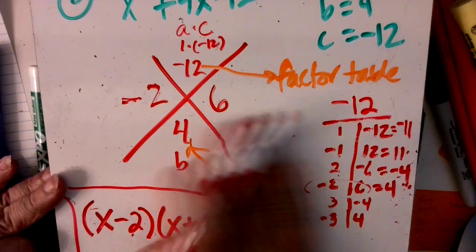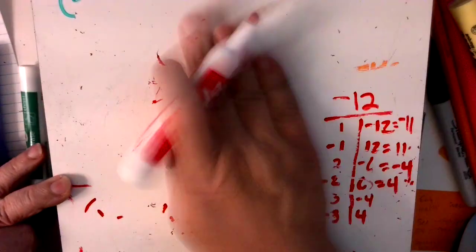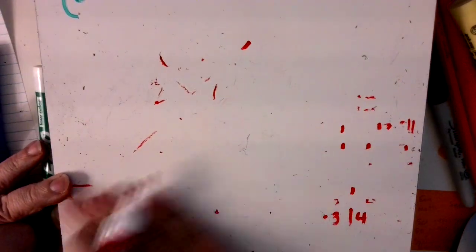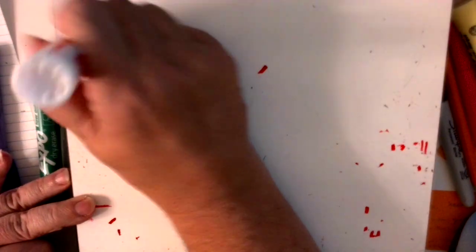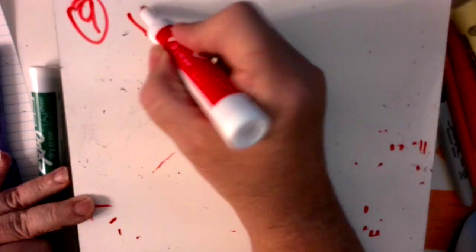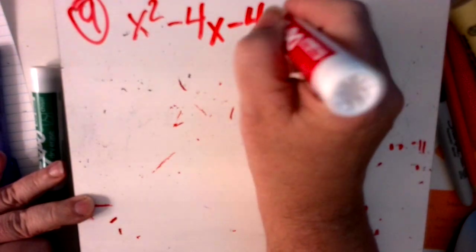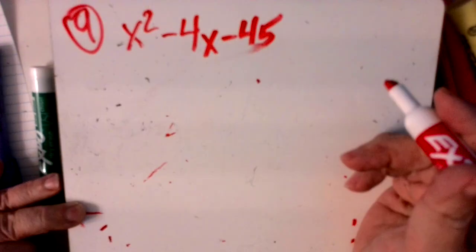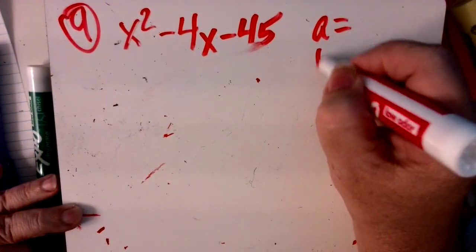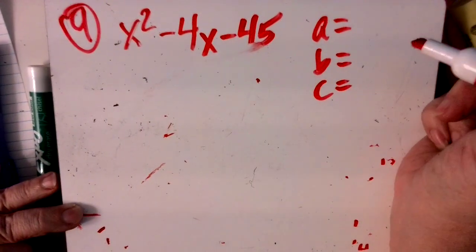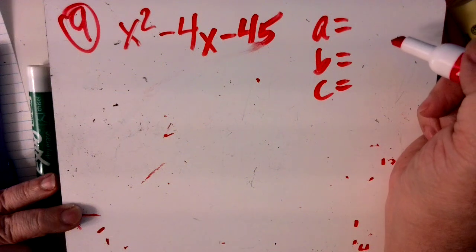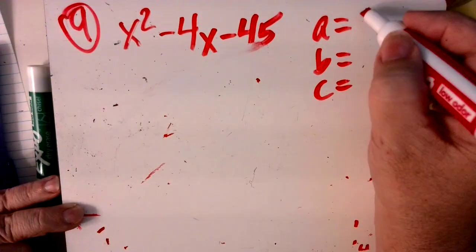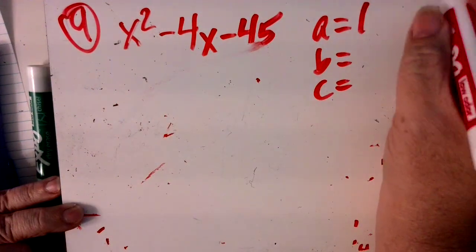All right, let's do number 9. Okay, number 9 looks like this: x squared minus 4x minus 45. Again, I start out the same way. What's my A? What's my B? What's my C? In this case, A is the number next to x squared, which is 1.